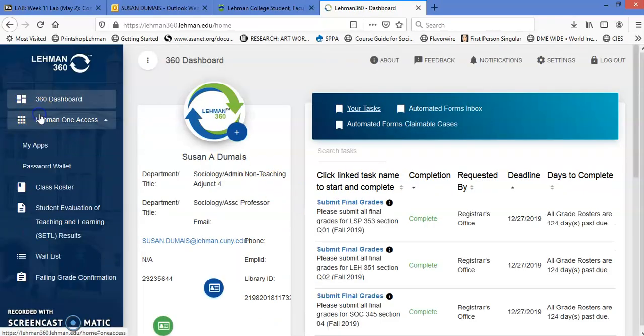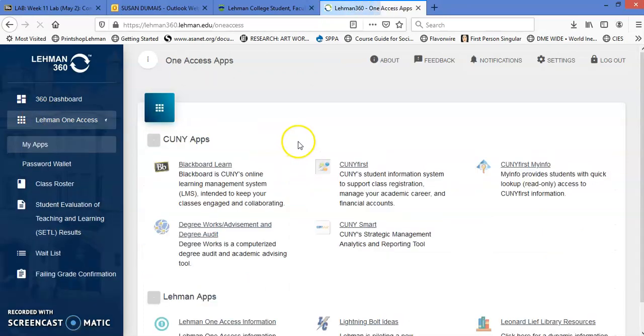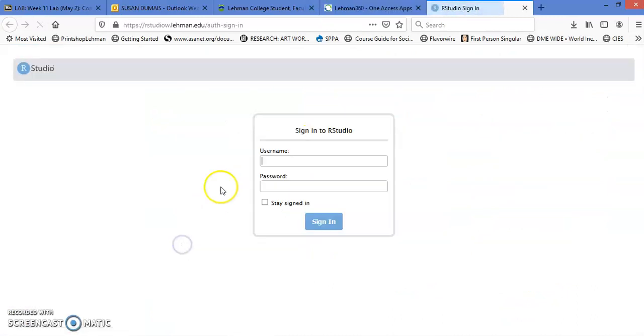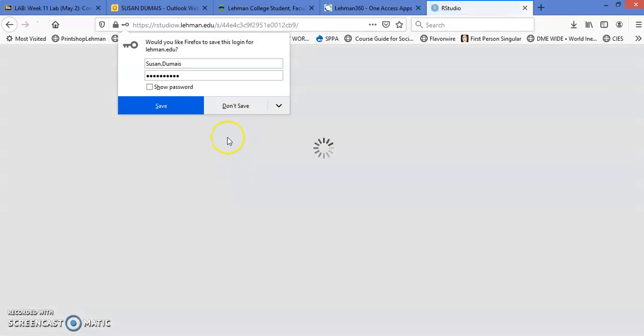And over here into our apps, and we have RStudio, and log in again. Okay.